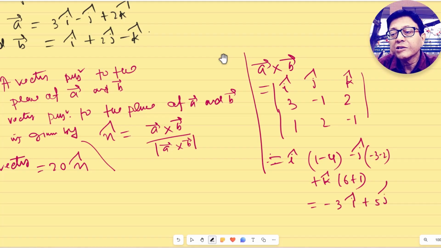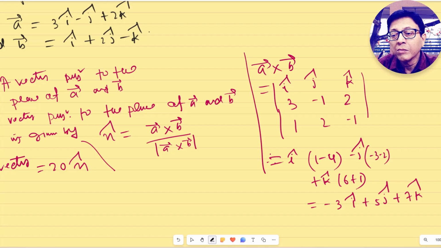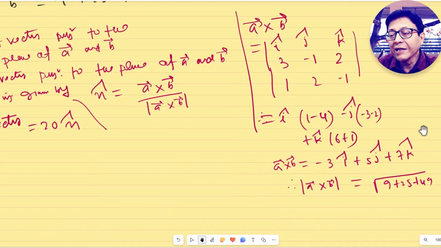So this you have to find here, which is A cross B. I, J, K. This is 3, minus 1, 2. 1, 2, minus 1. Okay? So this is I into 1 minus 4, minus J into, plus K into 6 plus 1.